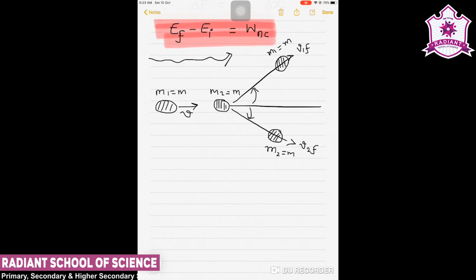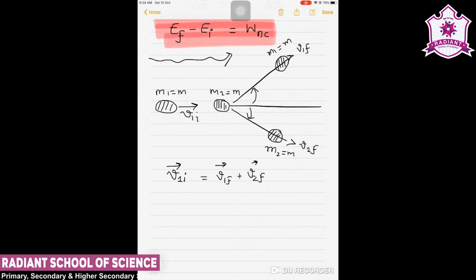First of all, for momentum conservation, since the masses are equal, we can say that V1I, and V2 is 0 initially, is equal to V1F plus V2F as shown in the figure.